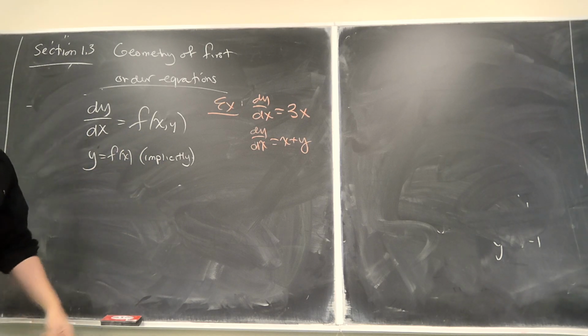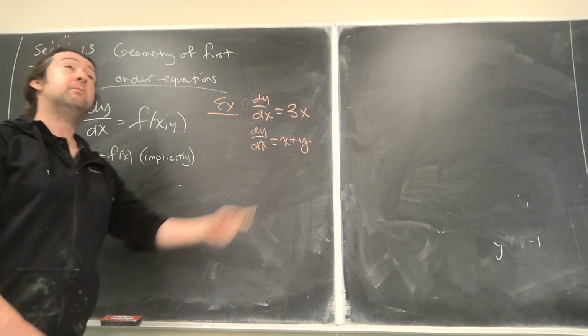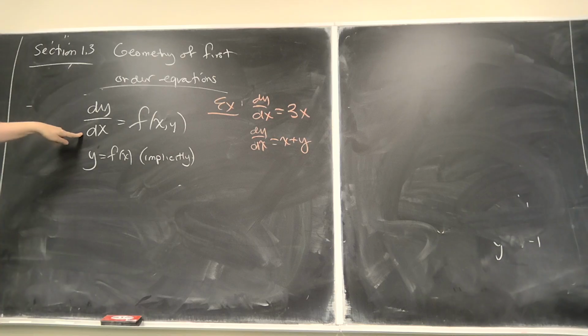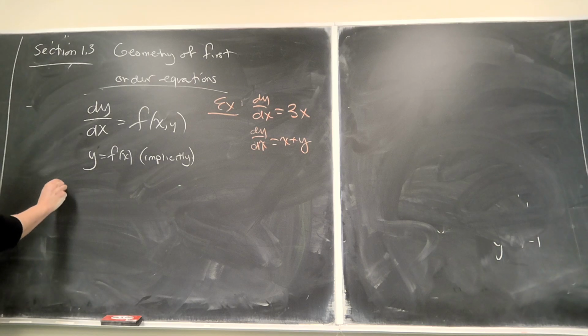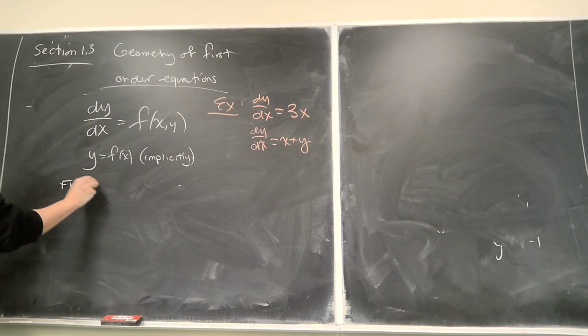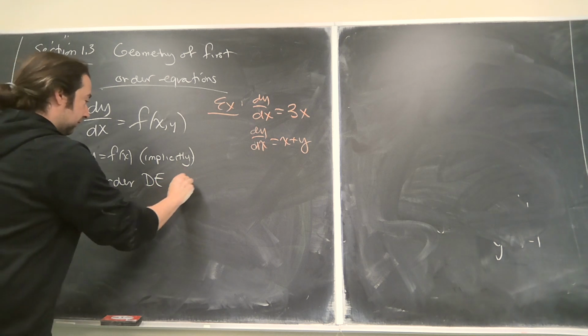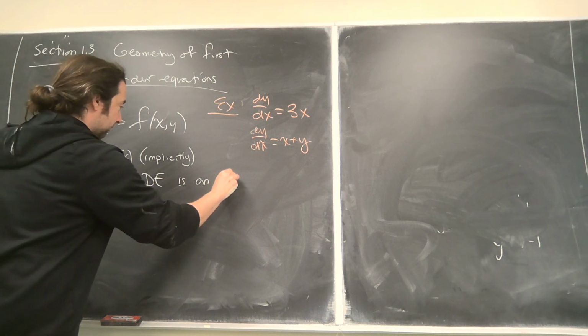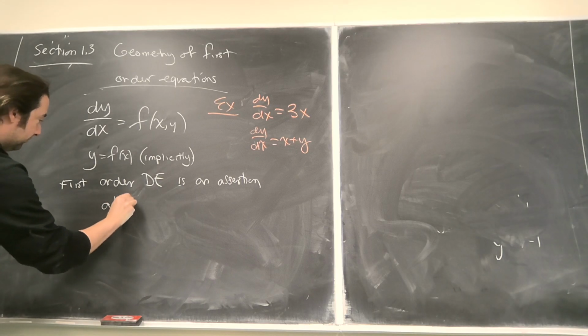I might not know the solution, the actual equation that solves one of these equations, but I can still tell you about the derivatives. So, first order equations are interpreted. So a first order differential equation is an assertion about slopes.